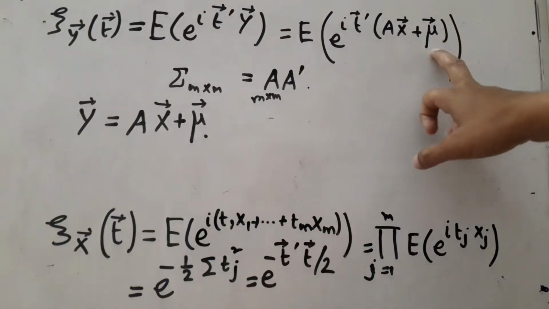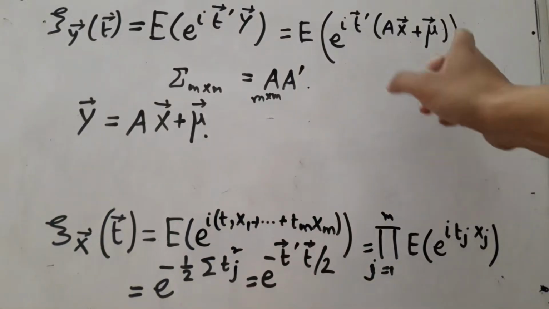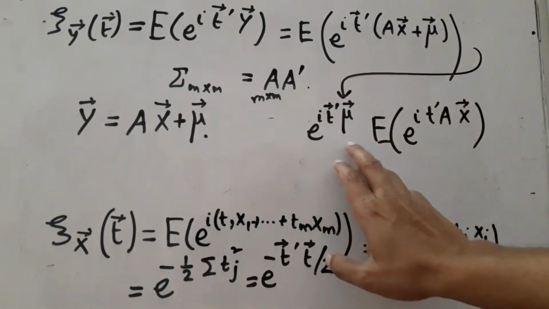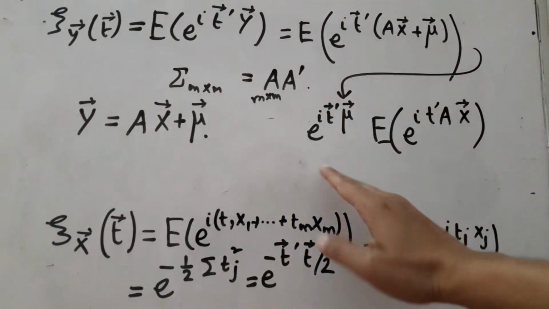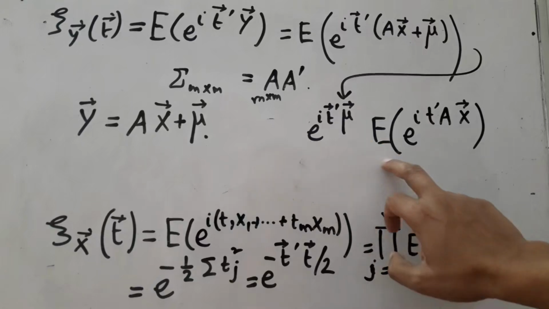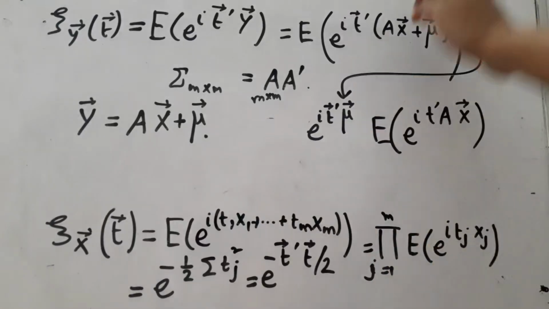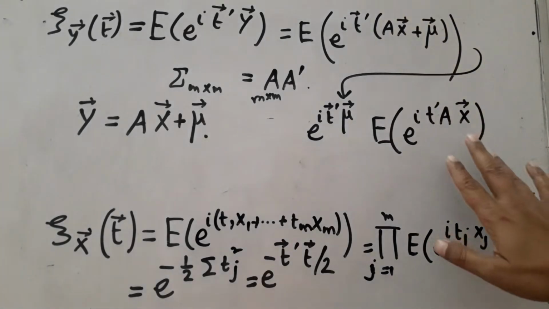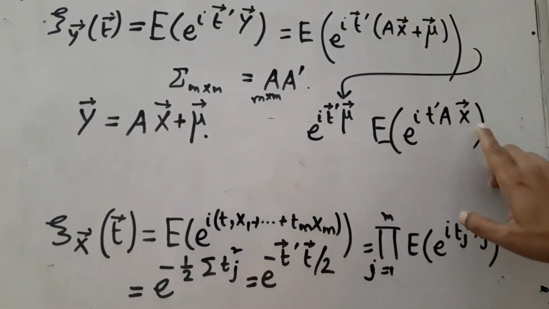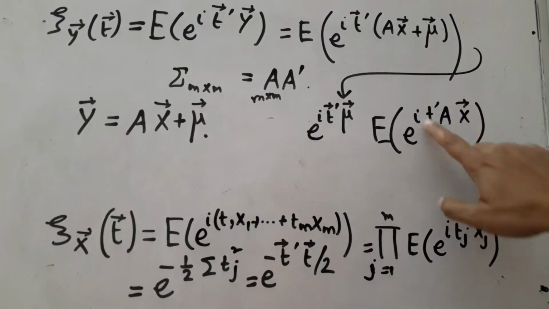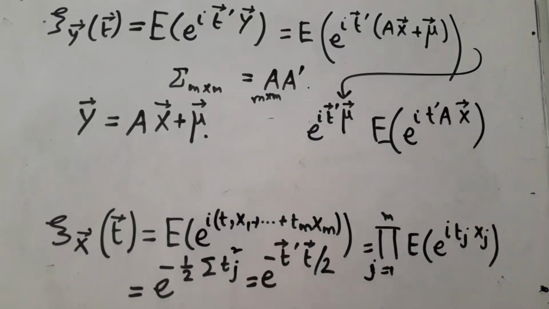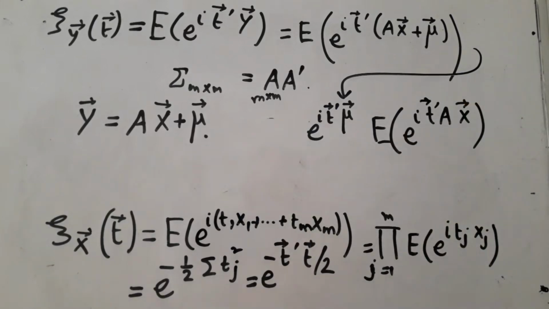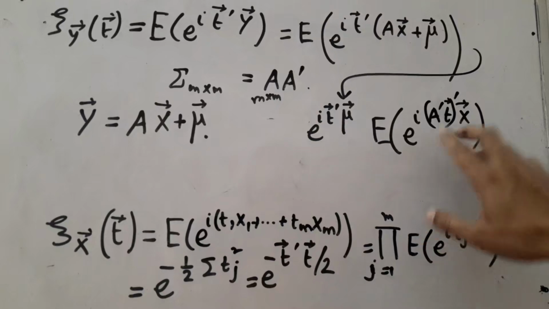Now this mu part has nothing random, so it will come out of the expectation as e to the power i t prime mu, a constant, times the expectation of e to the power i t prime ax. Now this is very much like the characteristic function of x, except that the role of t prime is played by this t prime a, which we write as (a prime t) whole prime.